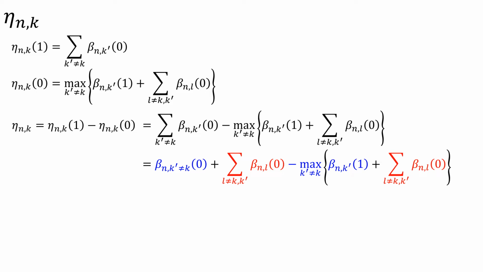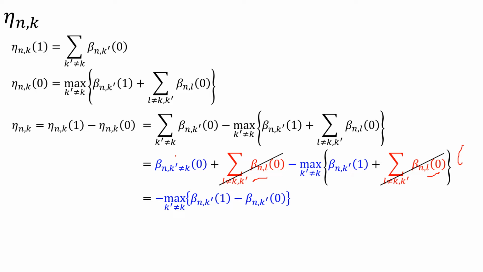Now observe the blues and the reds here. So this term and this term are identical. So we cancel them. And then I bring this beta inside the max because it's constant. So we get this expression for eta nk.